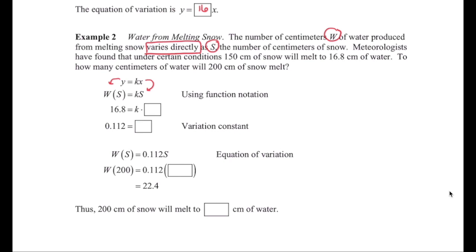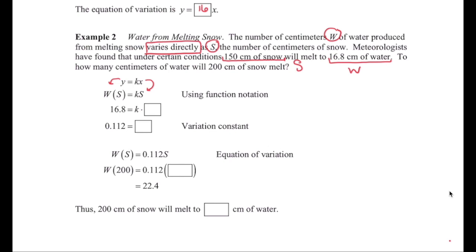Meteorologists have found that under certain conditions, 150 centimeters of snow will melt to 16.8 centimeters of water. To how many centimeters of water will 200 centimeters of snow melt? So let's first talk about this piece here: 150 centimeters of snow will be our S, and it is going to melt to 16.8 centimeters of water, which is our W. We first need to find our constant, and then we'll do something with it.